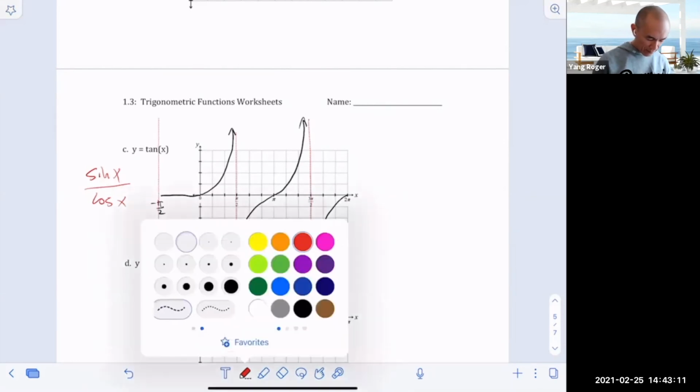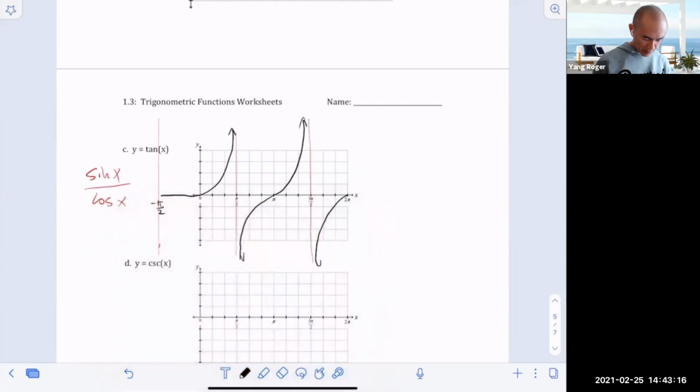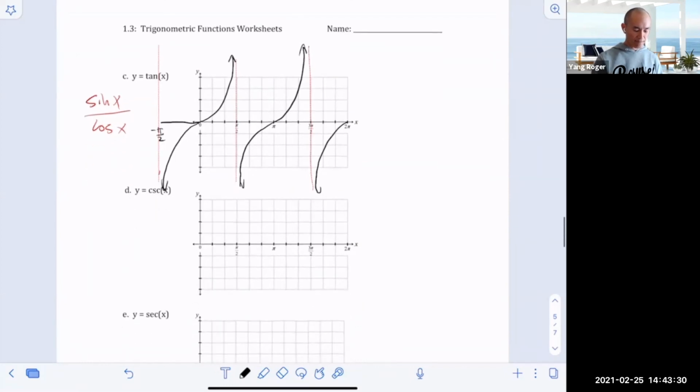And the actual graph looks like this. It kind of has these shapes, I don't know how to describe that shape. I think of it as John Travolta, but that doesn't mean anything to you, I think.